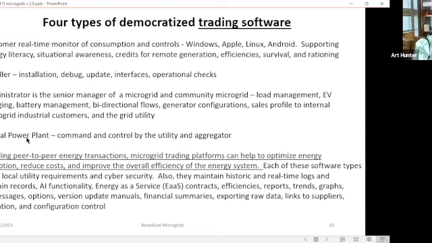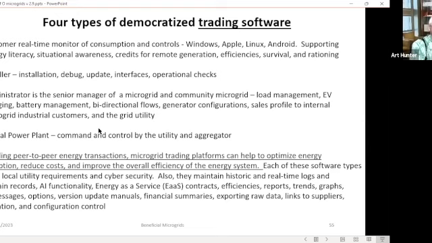The fourth one of the software packages is the virtual power plant, which is typically commanded and controlled by the utility as well as an aggregator, which is a private sector company.